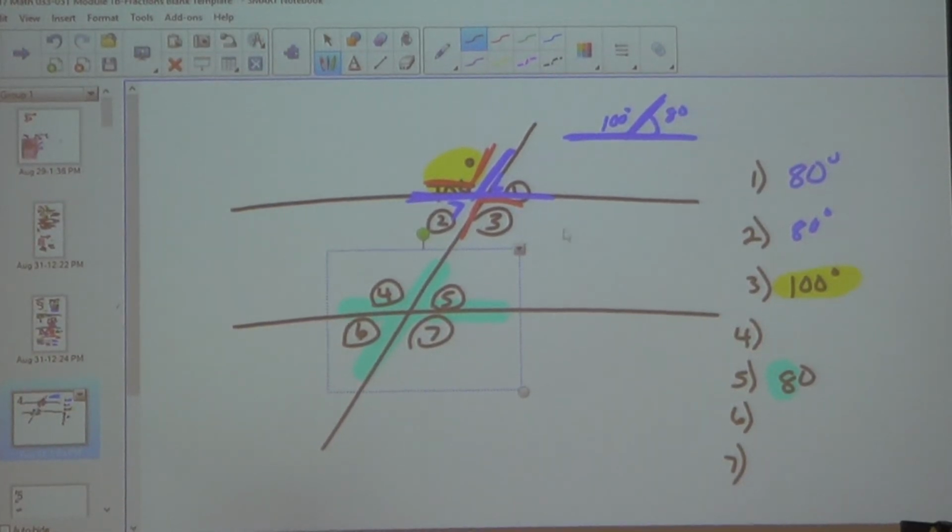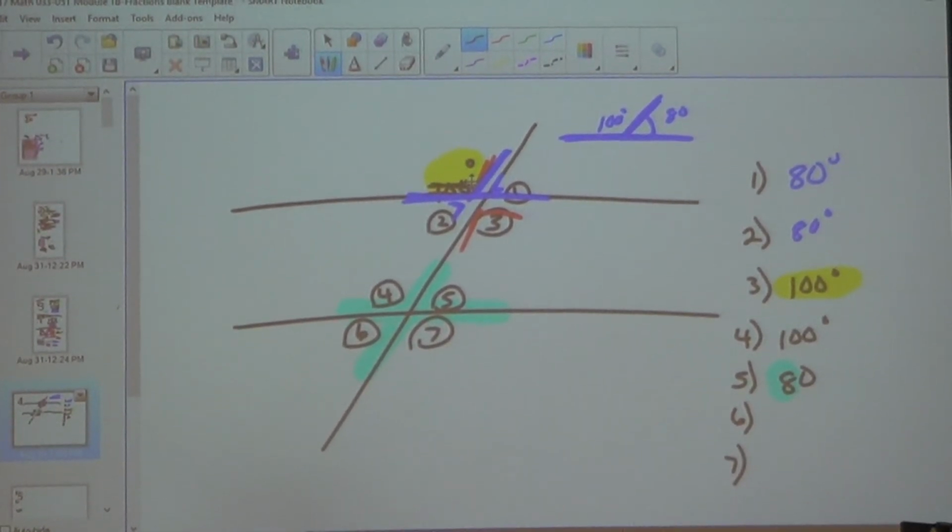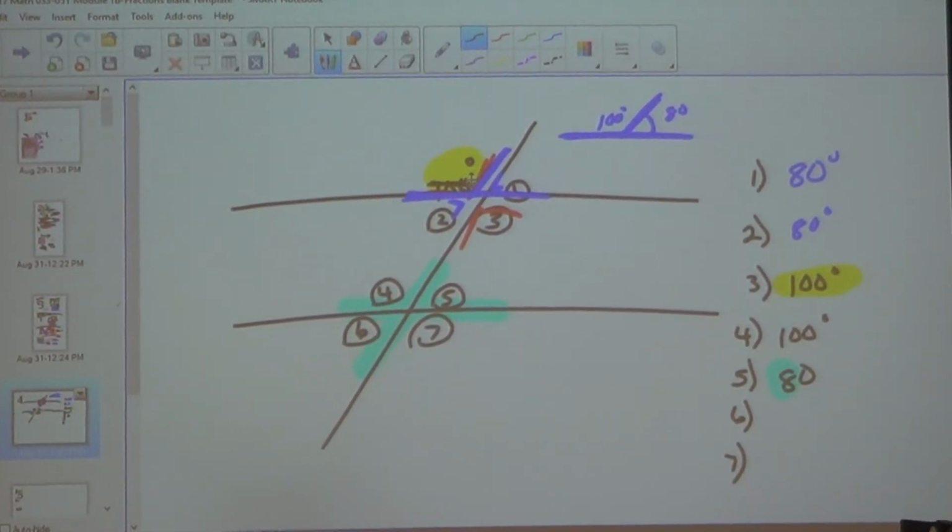What's angle 4 going to be? 100. Angle 4 is going to be the 100. What's angle 2 going to be? The same as angle 6. And angle 7 is going to be the same as angle 3. How stinking easy.